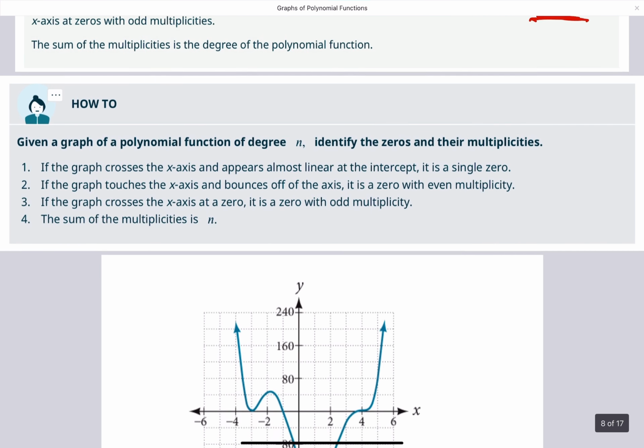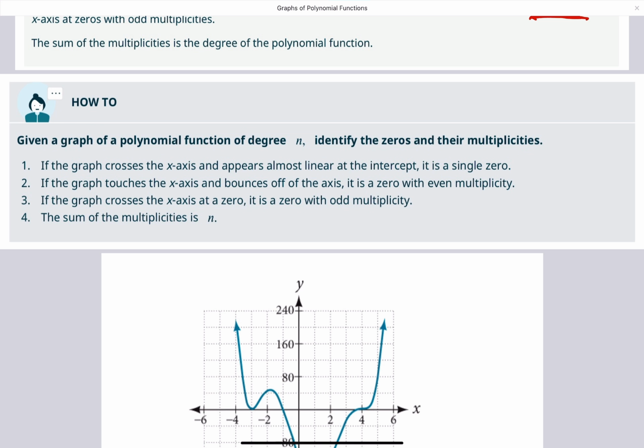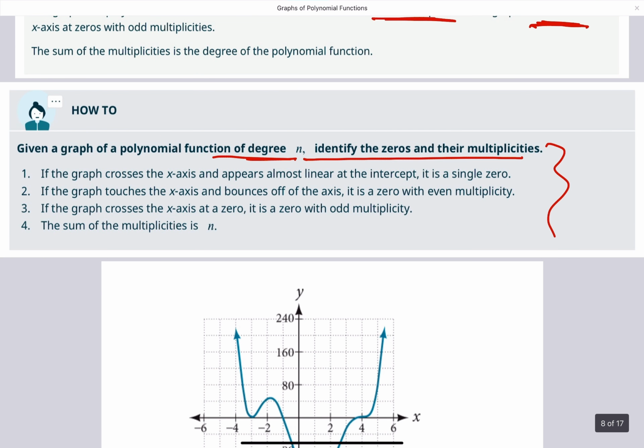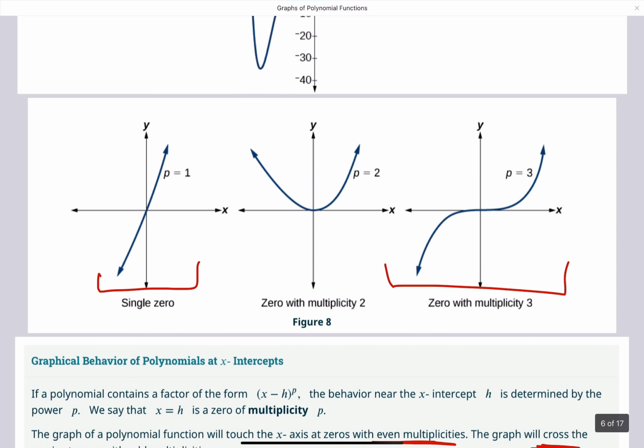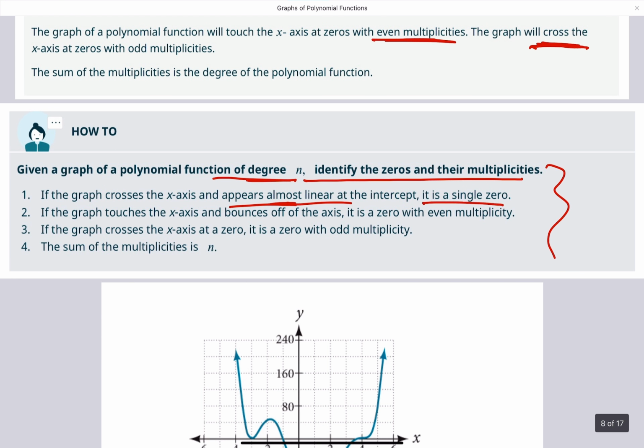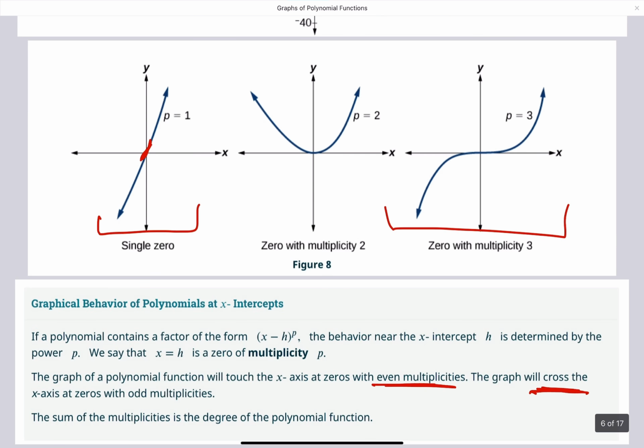Okay, given a graph of a polynomial function of degree n, identify the zeros and their multiplicities. This is very simple. Well, it's not very simple, we just took it. So if it's crossing and it appears almost linear, it's going to be a single zero.